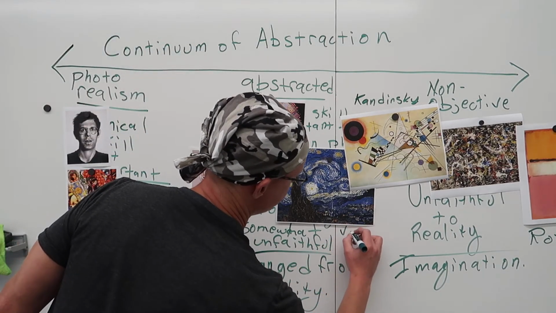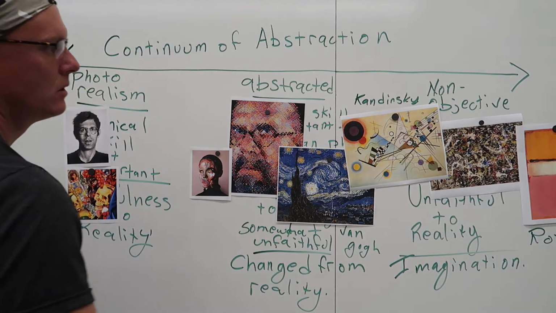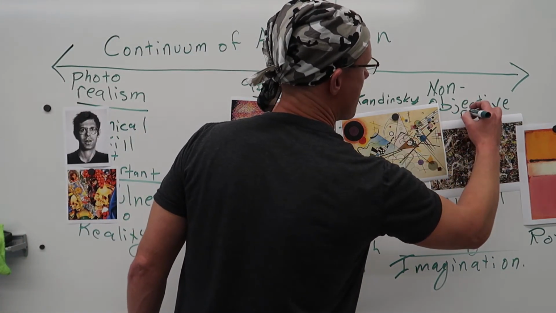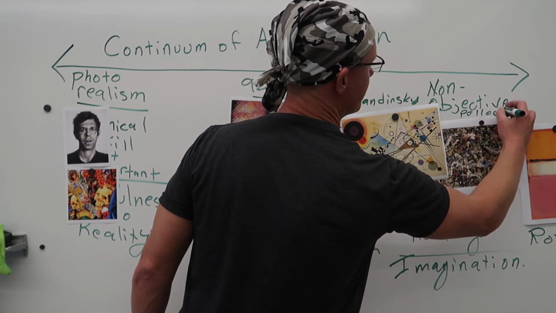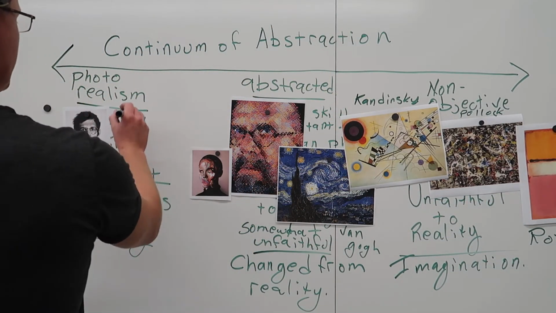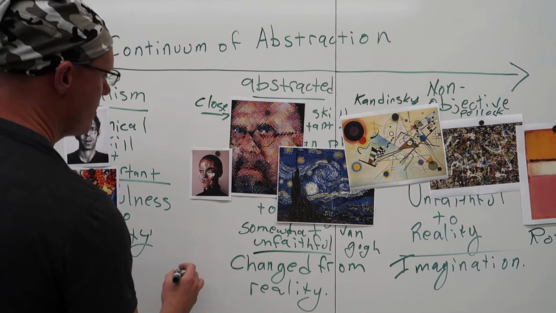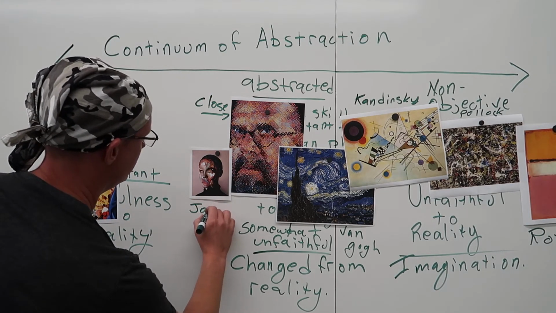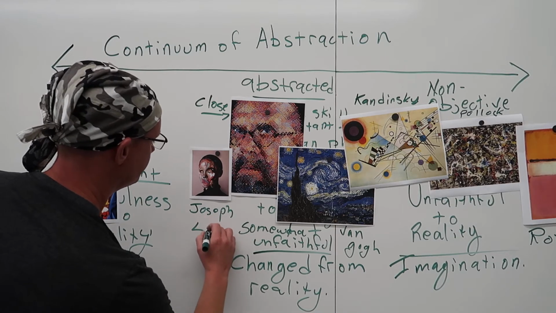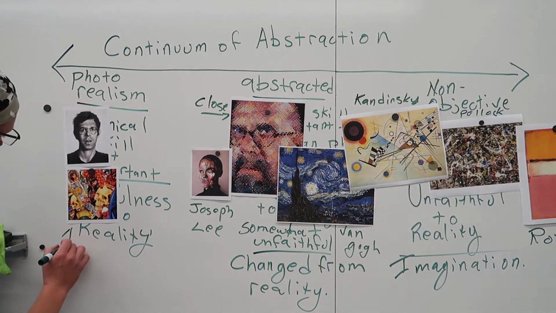Van Gogh down here. Pollock up here. Now it's really hard to see. Getting really disorganized, huh? Chuck Close here and here. Joseph Lee. And Audrey Flack.